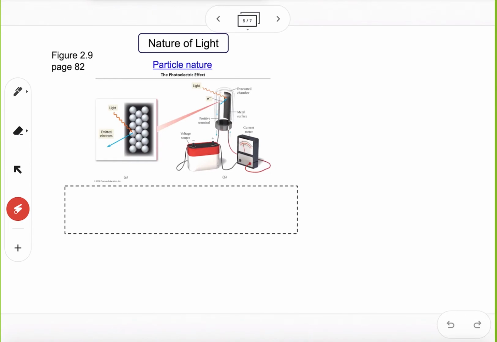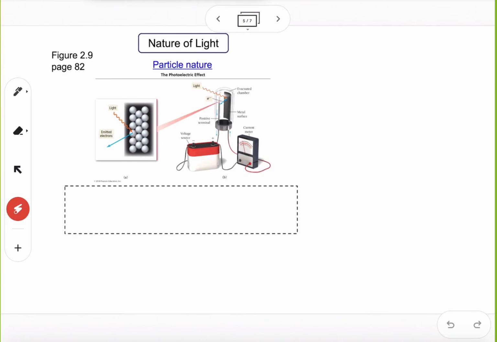So how do we explain it? Well, if we treat light as particles, then this can be explained, because if you have particles with the same wavelength or same frequency, no matter what the intensity is, they will have the same energy. So that's the reason.